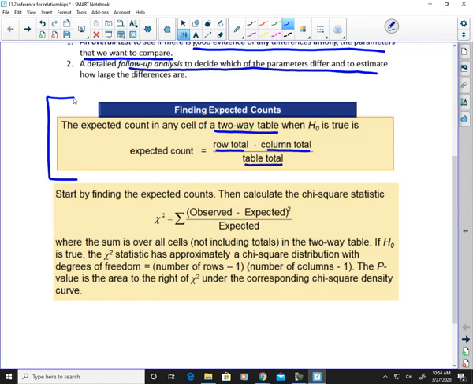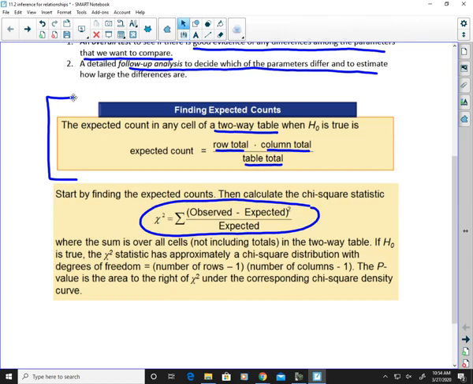And then you can see that your chi-squared contributions are all calculated the exact same way with your observed minus your expected, that quantity squared over the expected. And then you'd add all those chi-squared contributions up and see if there's enough evidence to reject the null hypothesis.